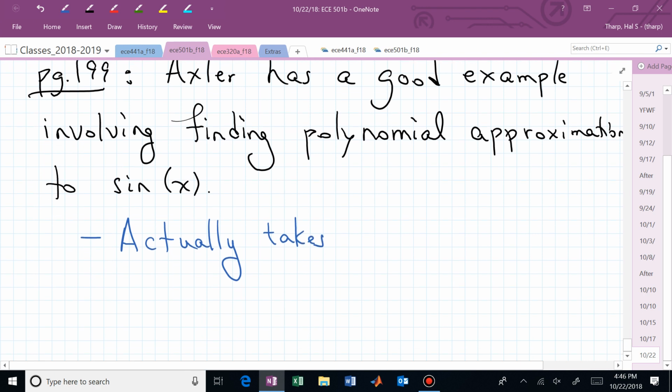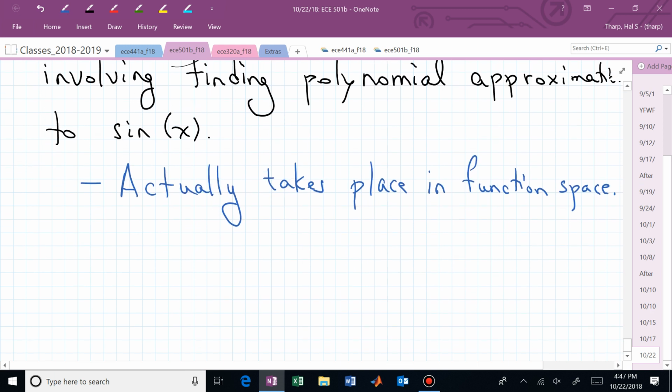This is actually taking place in a function space, which is infinite dimensional, but I know you can understand it. It's just a slight variation on what we've talked about so far.